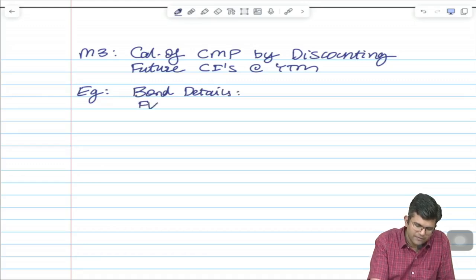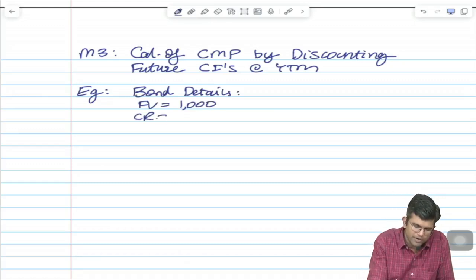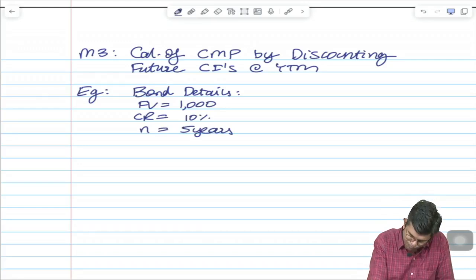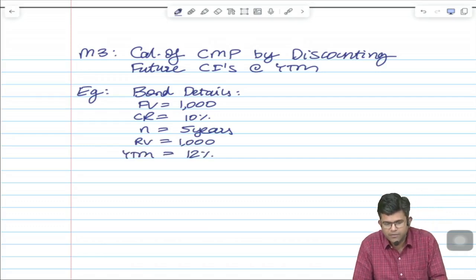Let's say face value is ₹1000, coupon rate 10%, life 5 years, redemption value par, YTM 12%.